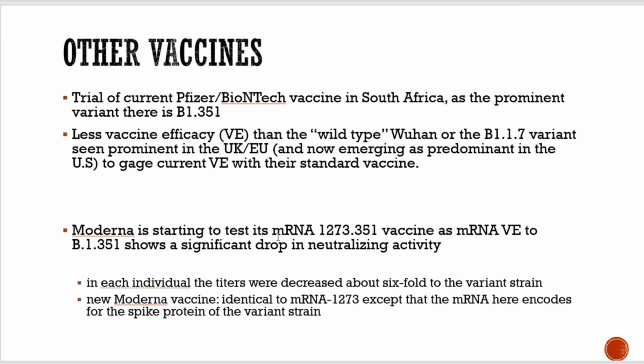Moderna is already starting to test a new vaccine, again changing the code, specific to this 351. Because studies have shown already anywhere from 6-fold to 10-fold decrease in titers when seeing these new variant strains, especially the 351.